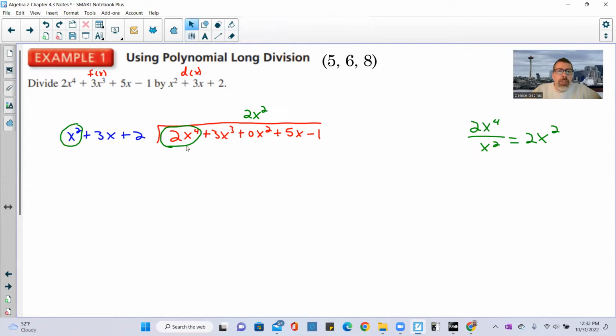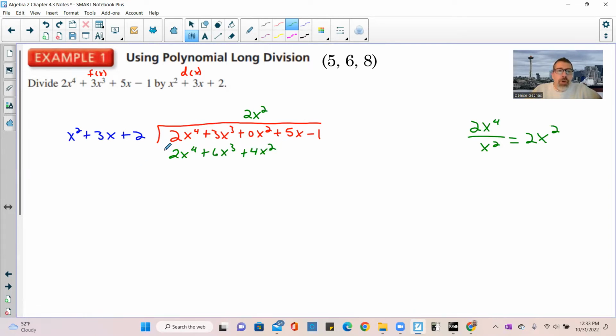Now let me get rid of these circles. Now we're going to multiply through. 2x squared times x squared is 2x to the 4th. 2x squared times 3x is 6x cubed. 2x squared times 2 is 4x squared.